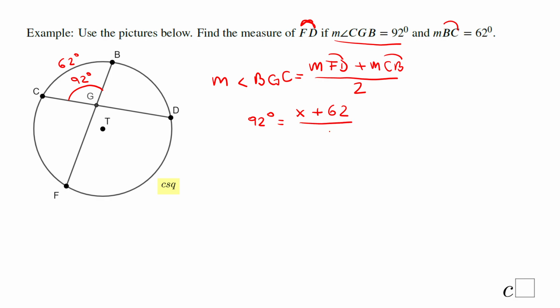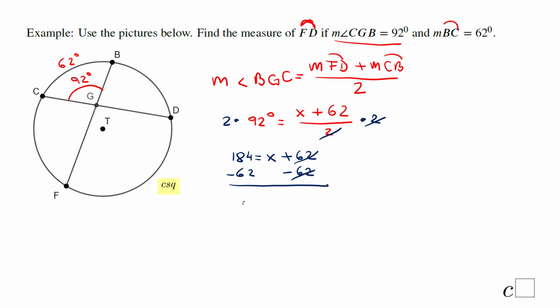So now we have an equation, many ways to solve it. I suggest you multiply by 2 to get rid of the denominator. So we have 2 times 92, 184, equals X plus 62. The last step to find X: subtract 62.